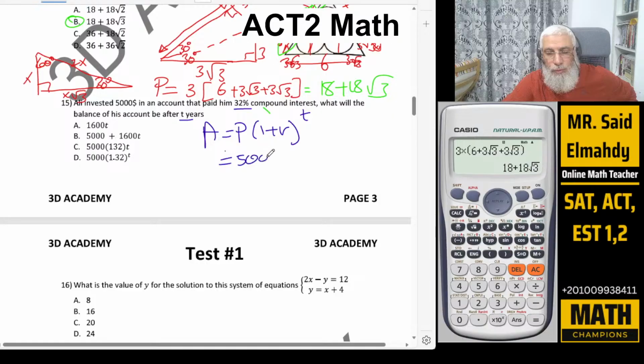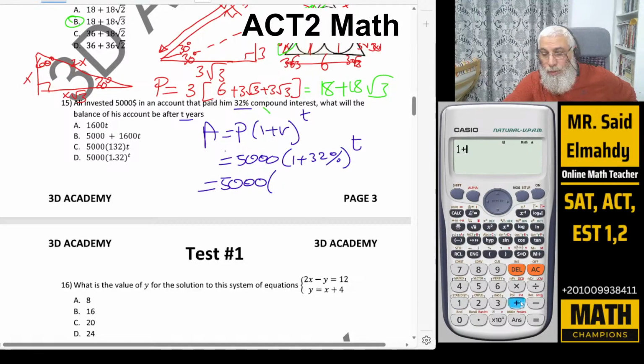So this is 5,000 multiplied by 1 plus ratio 32%, power t, number of years. 1 plus 32% is 1.32, power t. So the answer is D.